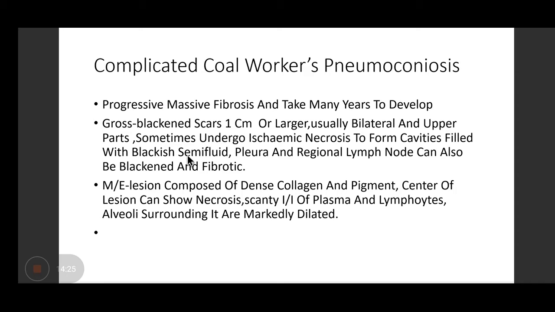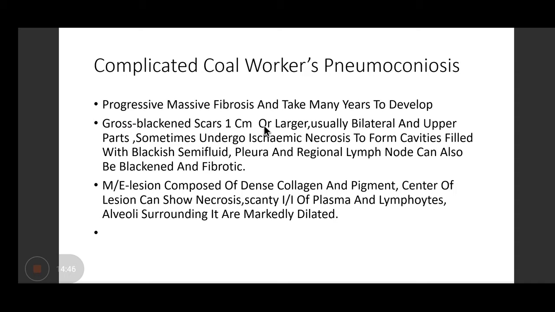It takes many years to develop, and grossly it shows blackened scars that are usually 1 centimeter or larger. They are bilateral and present in the upper part, and can form cavities due to ischemic necrosis.